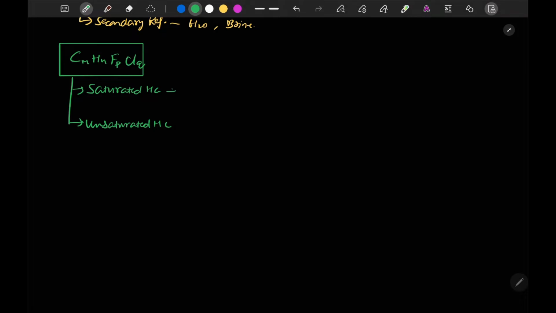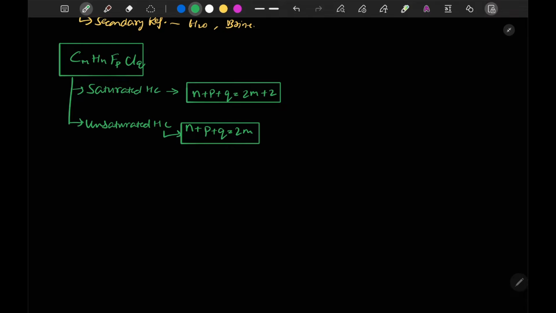In case of a saturated hydrocarbon, it is known that n plus p plus q is equal to 2m plus 2, and in case of an unsaturated hydrocarbon, this relation can be written as n plus p plus q is equal to 2m. So this is your relation, how many atoms of F and Cl are present with respect to the number of atoms of carbon.